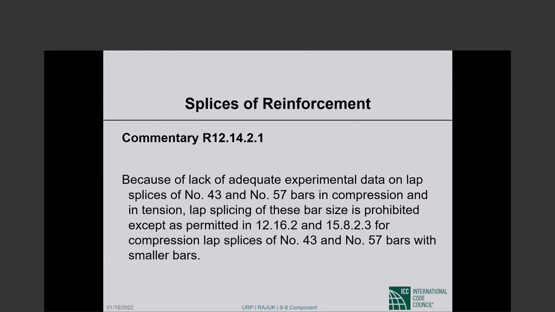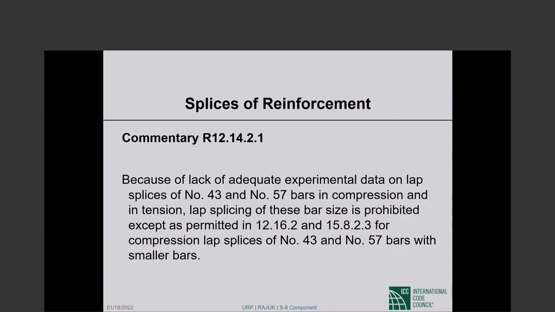Why no laps on the larger bars? Because of lack of adequate experimental data on lap splices on number 43 and number 57 bars in compression and tension, lap splicing of these bar sizes is prohibited except as permitted in those two sections for compression lap splices of number 43 and number 57 bars with smaller bars.